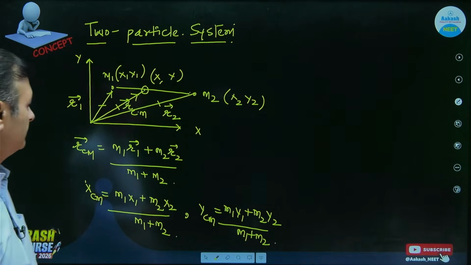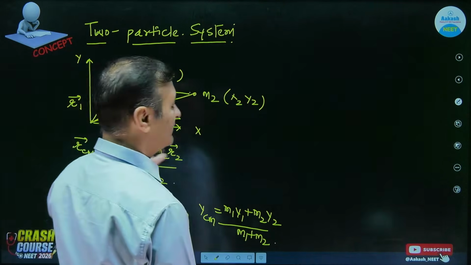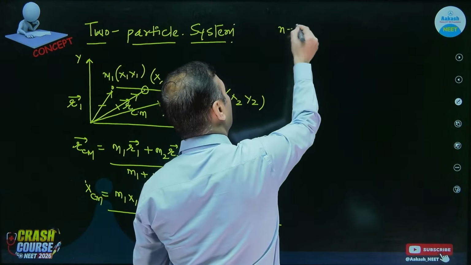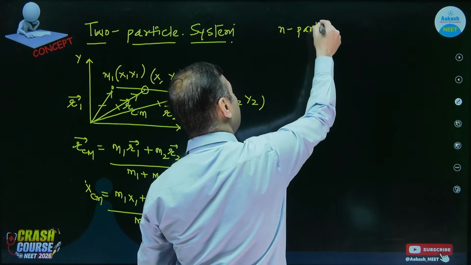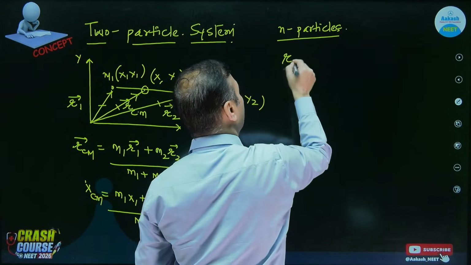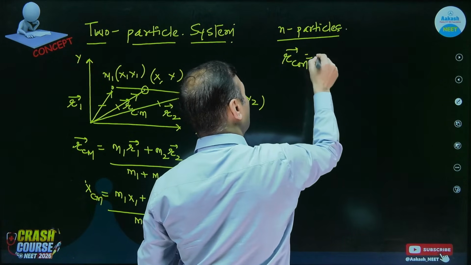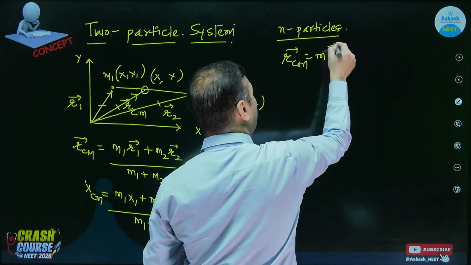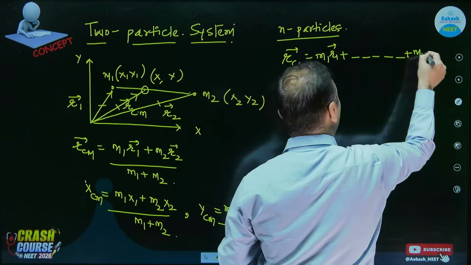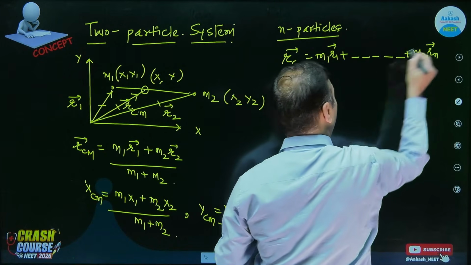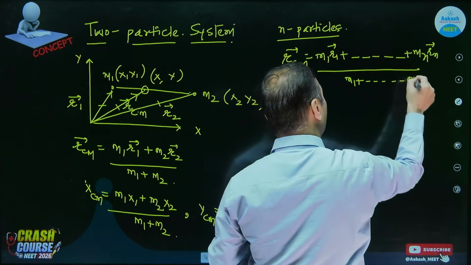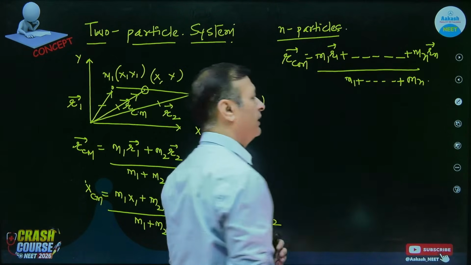Got it? Now let's suppose we extend it to a three particle system, or maybe n number of particles. The position of the center of mass extends to m1 r1 plus m2 r2 and so on up to mn rn, divided by m1 plus m2 and so on up to mn.